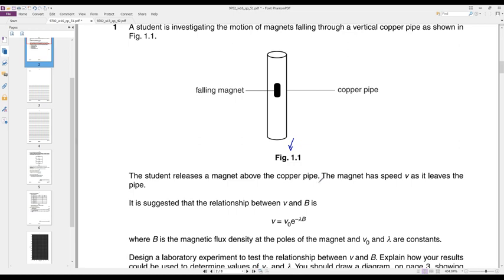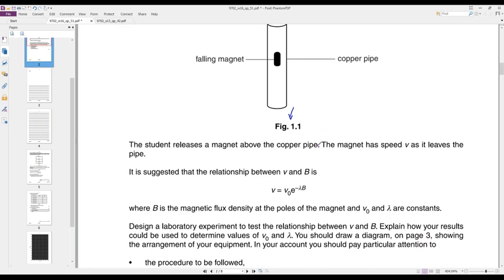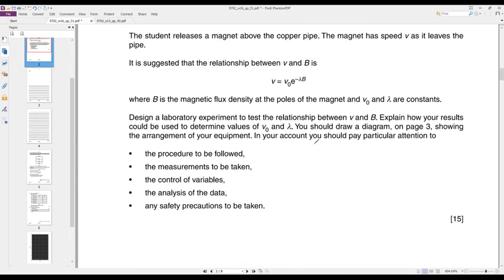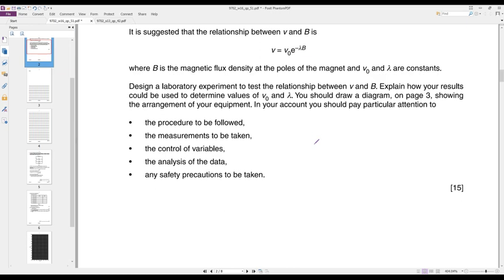Therefore, we're going to need the mass and the shape of the magnet to be the same, to ensure that the change in the physical magnet isn't the main factor in what's changing its speed. That's one of the ones in the extra details, which is why I was confused for a minute. I would argue that that's not really an extra detail at all. That's a pretty important thing, but there we go.